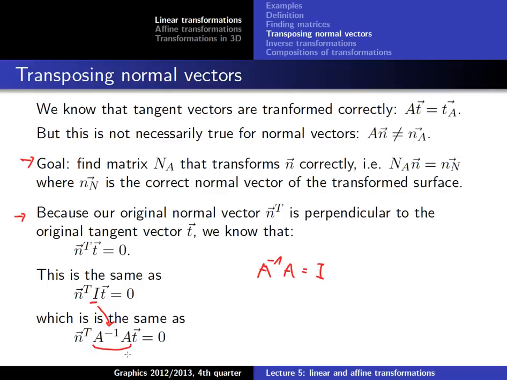But if we do that, we see here we have on the right side a vector, and that is exactly the transformed vector. But we also have a vector here, and since the scalar product of these two vectors is 0, these two vectors must be perpendicular to each other.